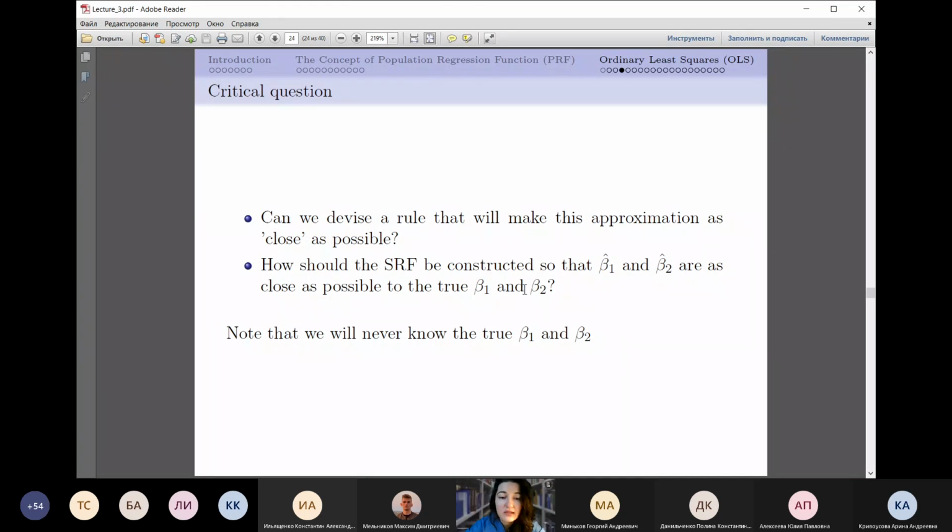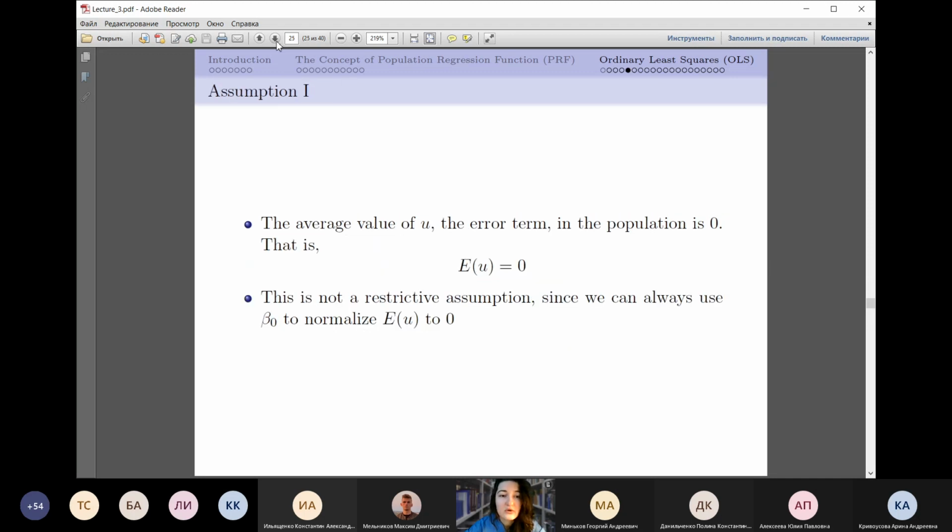So we need to find the best fitting sample regression function. And of course, we need to do this even though we never actually determine the population regression function, because we will never know the true parameters beta 1 and beta 2. So what is the idea? The idea behind this method is really very elegant and simple.